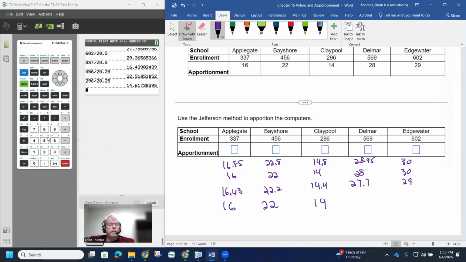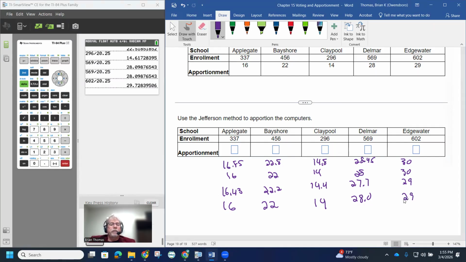569 divided by 20.25. Oh yeah, that goes back up to 28.0. And then 602, I'm sorry, 602 divided by 20.25 gave me back 29.